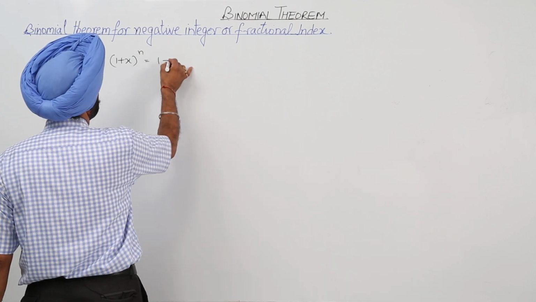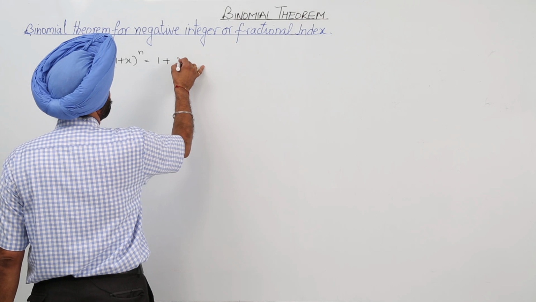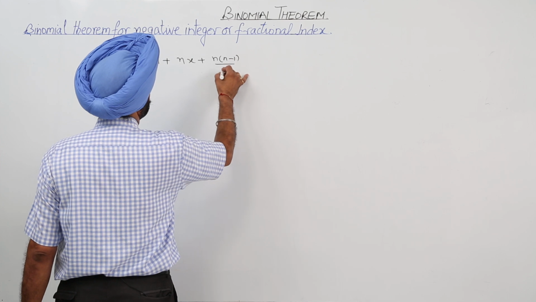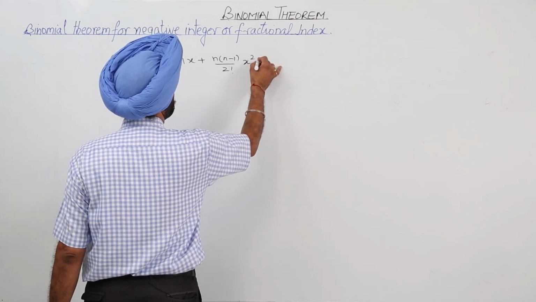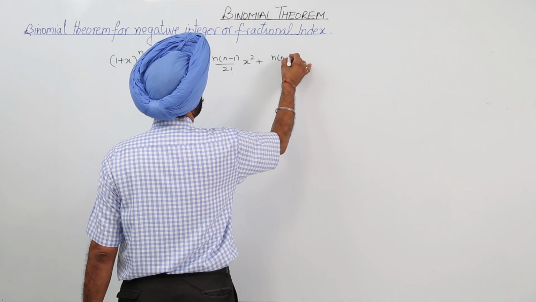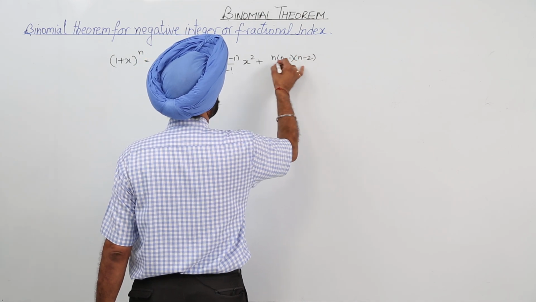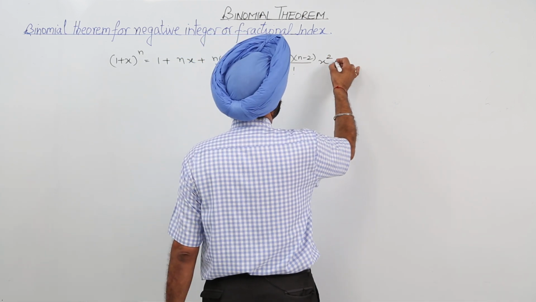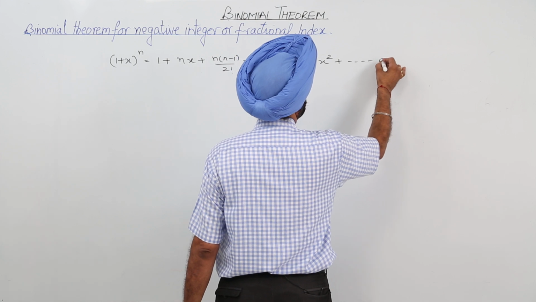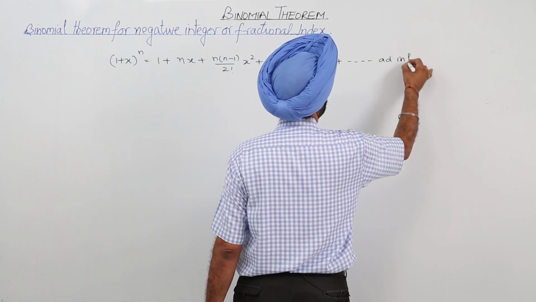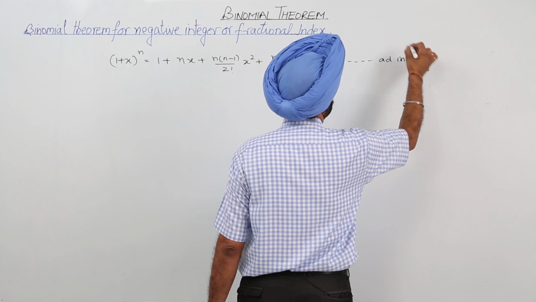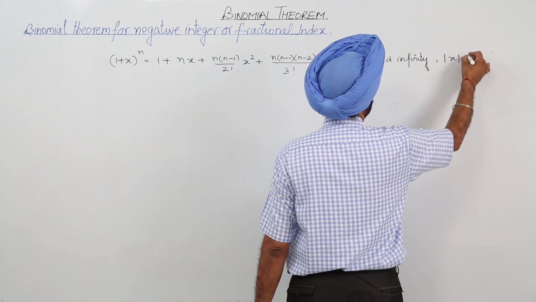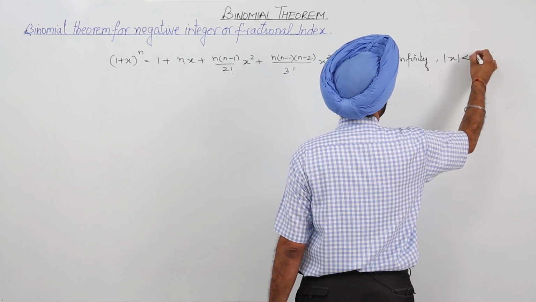Now, we have 1 plus nx plus n(n minus 1) upon 2 factorial x square plus n(n minus 1)(n minus 2) upon 3 factorial x cube plus, and so on to infinity, where the modulus of x is less than 1.